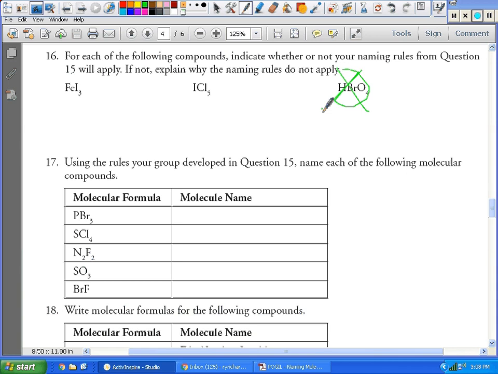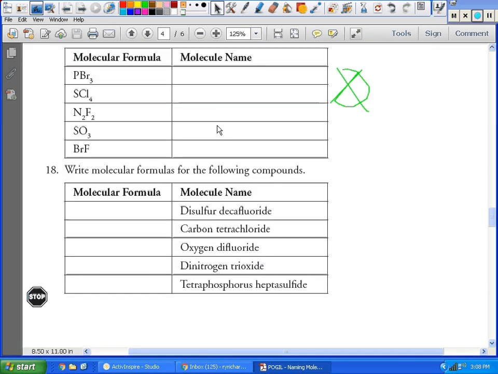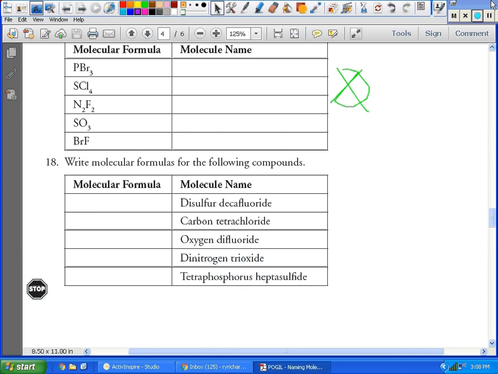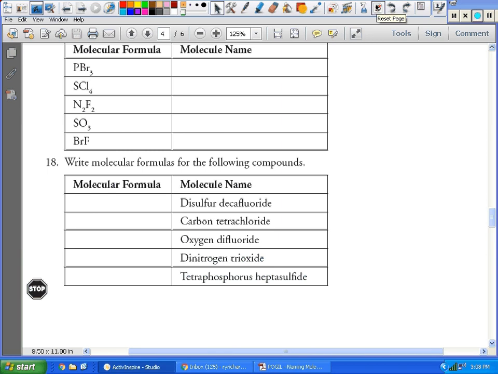So who can I pick on? Anijah, will you give me the name of that first one, please? Again, 5 things is all you got to do. You can do 5 things. What's the prefix on the first letter? All right, well, let's talk about it out loud. Does the first element have a prefix on it? No, so what's the name? Okay, so we got phosphorus. Does the second element have a prefix?